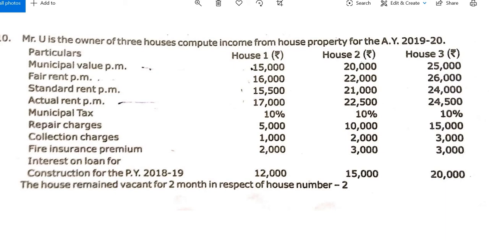So given are municipal value, fair rental value, standard rent, actual rent, municipal tax, then repair charges, collection charges, fire insurance premium, and interest on loan for construction for the previous year 2018-19. So here a few things you need to understand. Anyhow you know how to calculate till the GAV, but after that, the repair charges, collection charges, fire insurance premium you should not consider, ignore them.